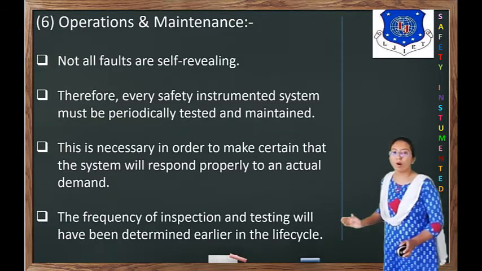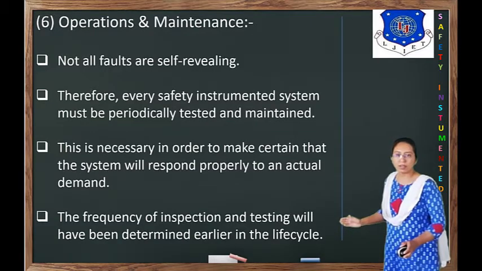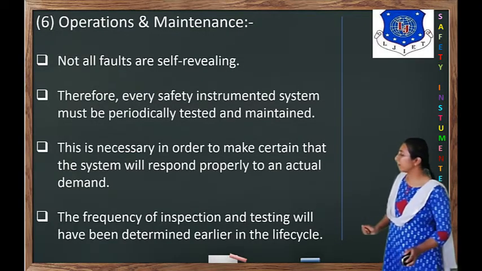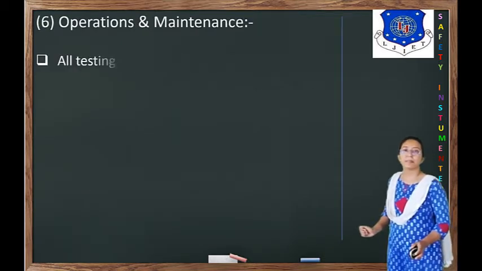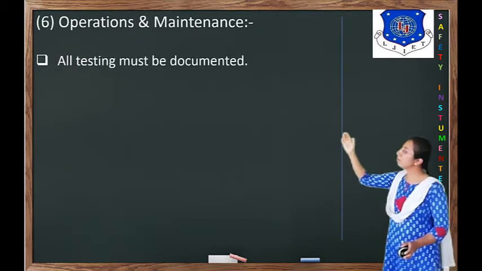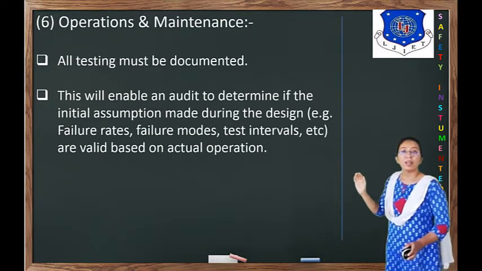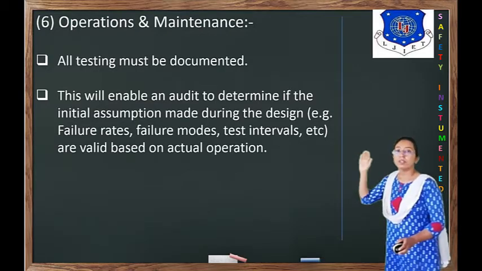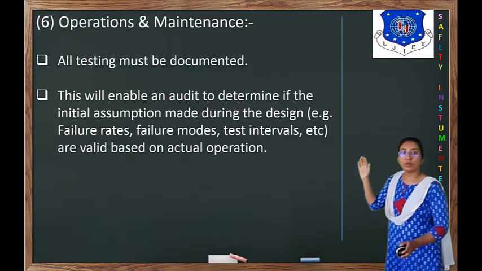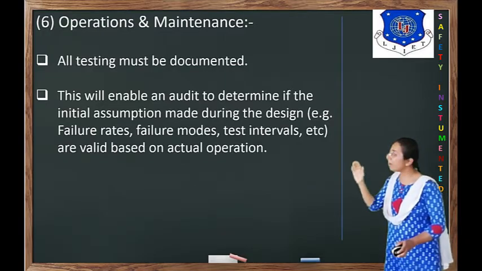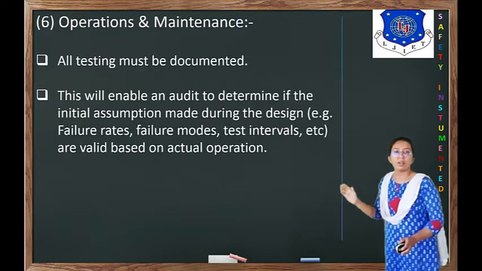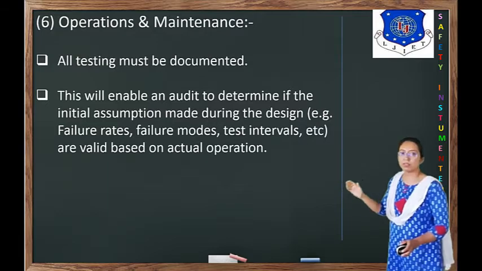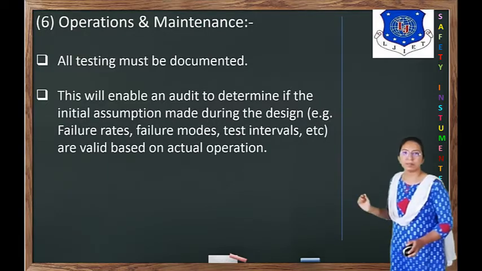The frequency of inspection and testing will have been determined earlier in the life cycle. All testing must be documented. This will enable an audit to determine if the initial assumptions made during the design, that is, failure rate, failure modes, test intervals, etc., are valid based on actual operation.